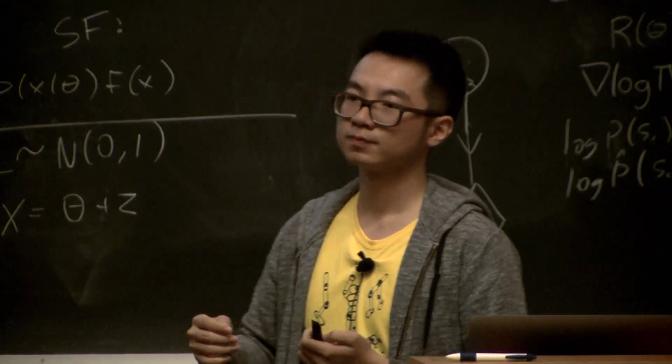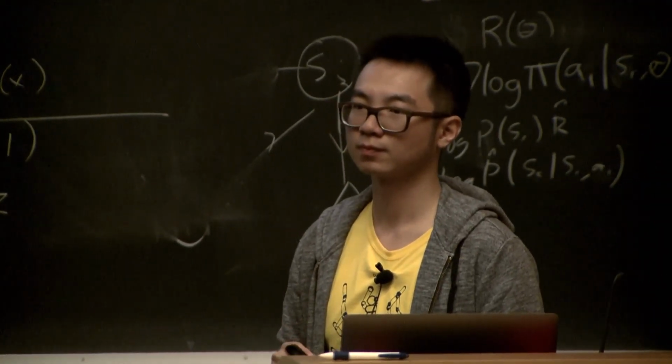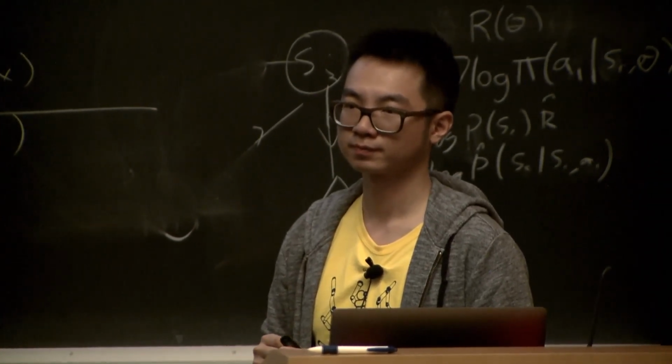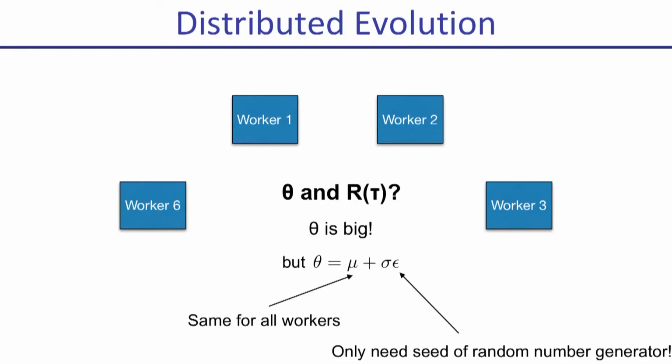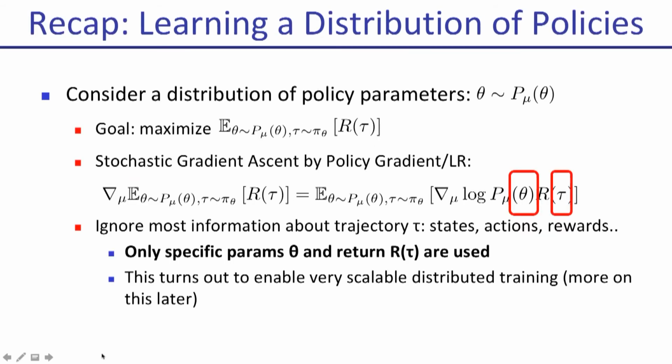To start with all the same data, don't they need to communicate since they have to do the all-reduce on the gradient? So right now what I'm claiming here is, this is the gradient. And you can all-reduce the gradient by just knowing these two terms. Each worker, if it knows the theta and return of all other workers, could construct its own gradient.